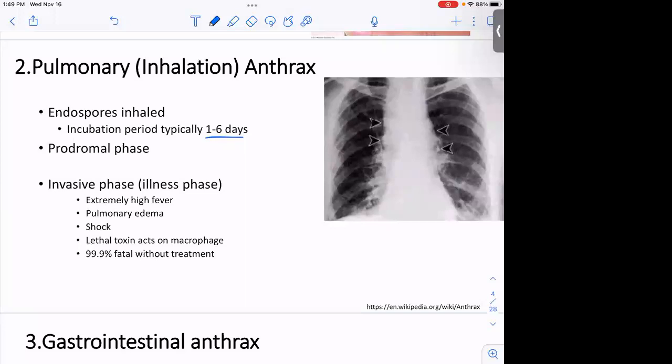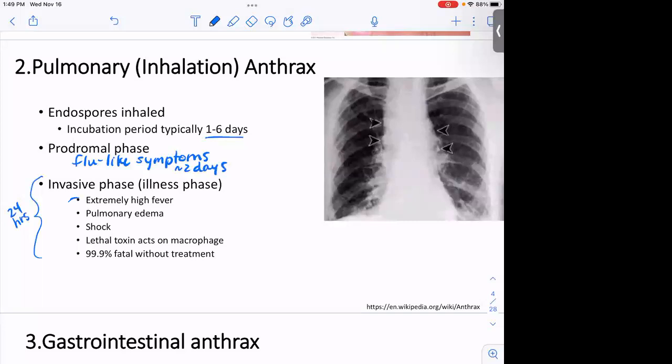And then a prodromal phase, remember, mild flu-like symptoms for maybe about 2 days. Then once those spores have germinated and the vegetative cells are kicking out the toxins, you get into the illness phase. That usually lasts only about 24 hours until a patient dies. So it's really fast acting, with high fevers and pulmonary edema.